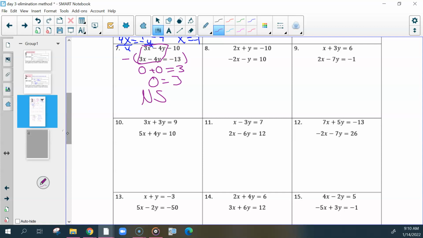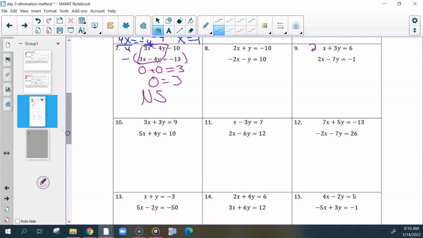That means we need to multiply either one or both of these by something so that they both have the same coefficient. So we can multiply by 2, sure. If we multiply just the top one by 2, then they would have the same coefficient. If we wanted to make them both like 4, we could do that. The higher up you go, the bigger these numbers become, so just be careful with that.